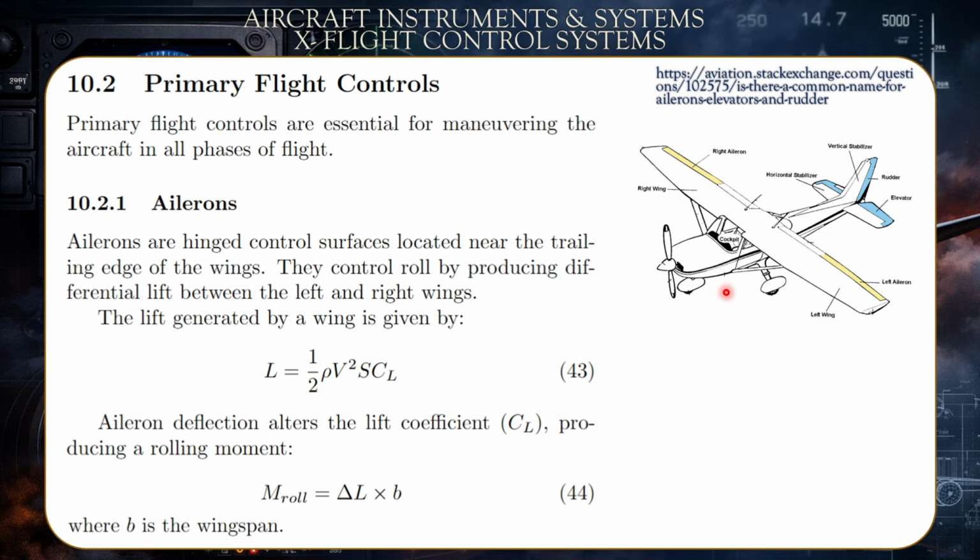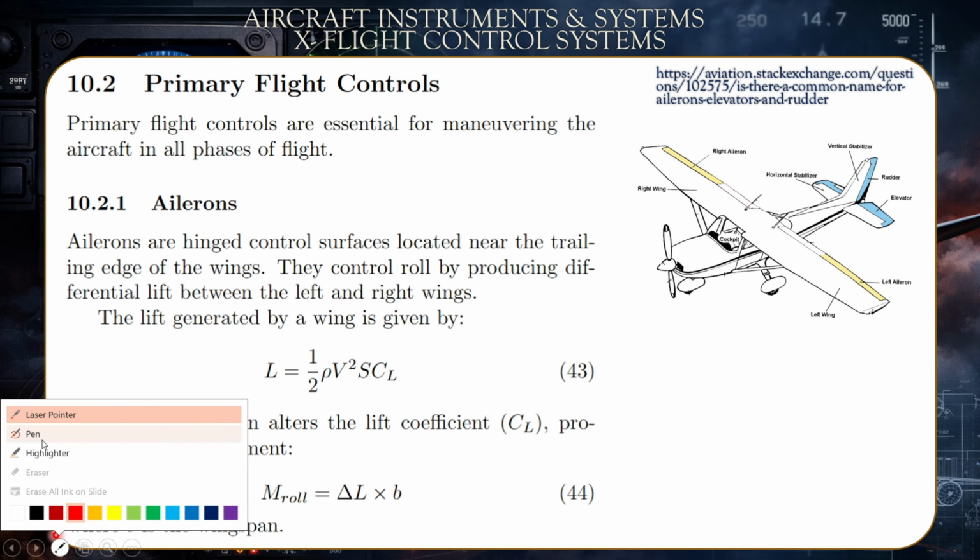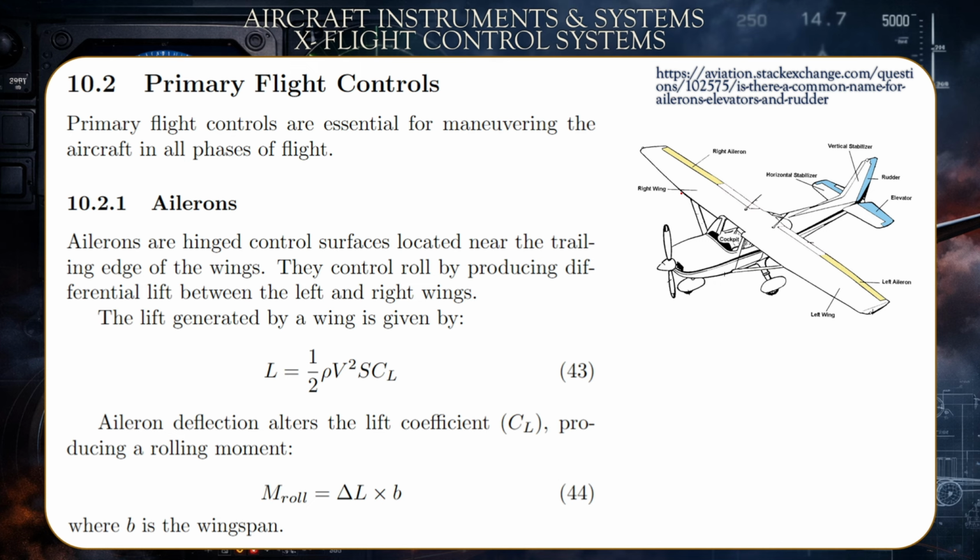It actually turns into two components: a horizontal component that aids the aircraft to roll, to turn, and a vertical component that would be the lift itself. So M_rho is equal to delta L times b, where b is the wingspan. Wingspan is this distance over here, from the leading edge to the trailing edge.